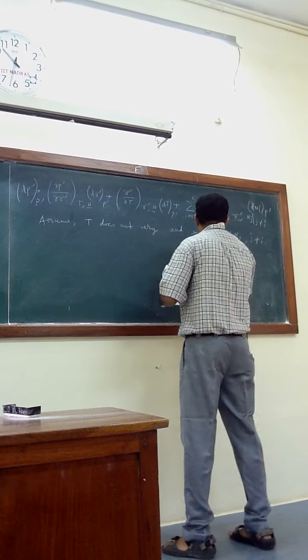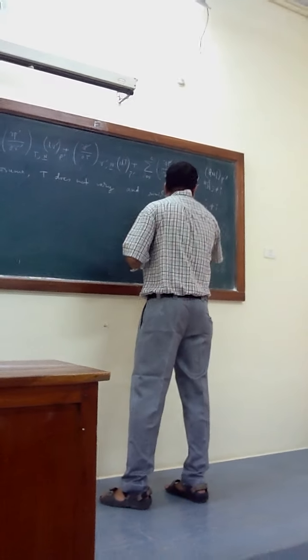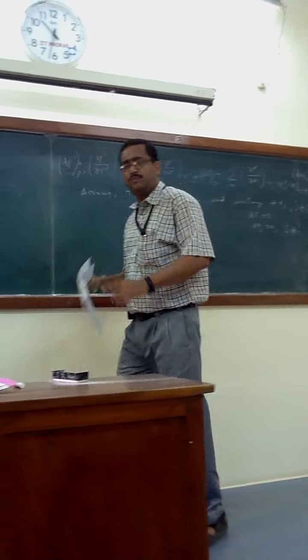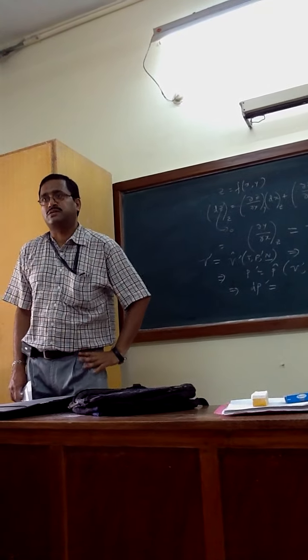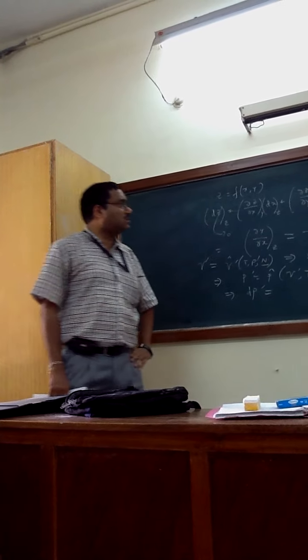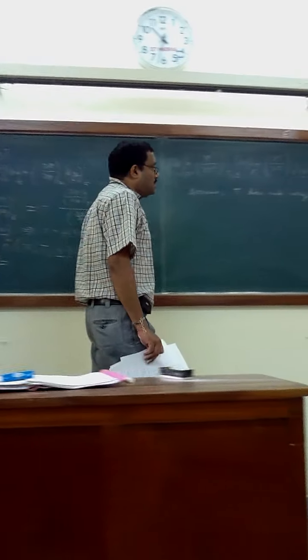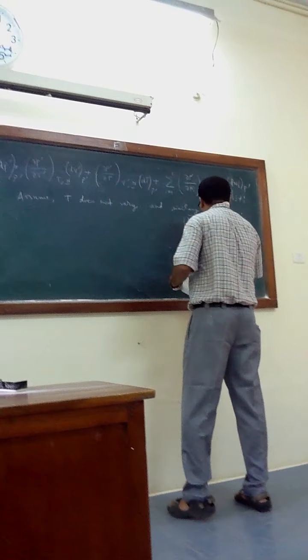That means dT equals 0, dnj equals 0 for j not equals to 1. I am imposing another 2 extra conditions, otherwise you won't get the single expression. That means these 2. Can you give me the answer now?